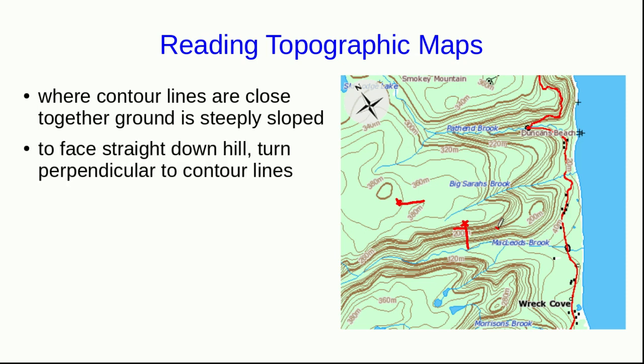Also, if I'm standing here, then if I face this way, I'm facing in the direction along the hill, neither uphill nor downhill. If I want to face uphill, I would turn perpendicular to the contour lines. Or similarly, if I want to face straight downhill, I would turn perpendicular to the contour lines in roughly this direction.